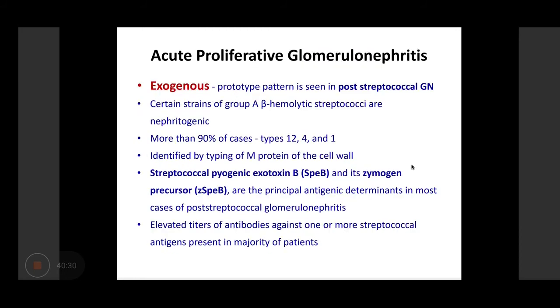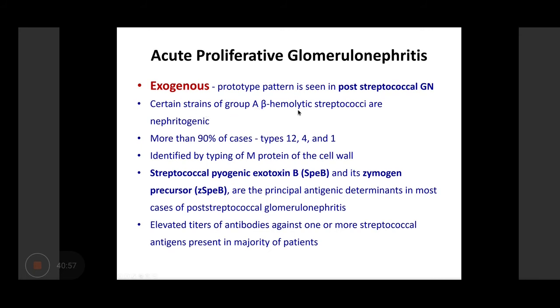Now again, as I discussed with you last time, acute proliferative glomerulonephritis is a pattern of injury. It can be caused by a variety of conditions. It can be caused either by exogenous antigens or as a reaction to some endogenous antigen. The prototype of exogenous antigen is seen in post-streptococcal glomerulonephritis.